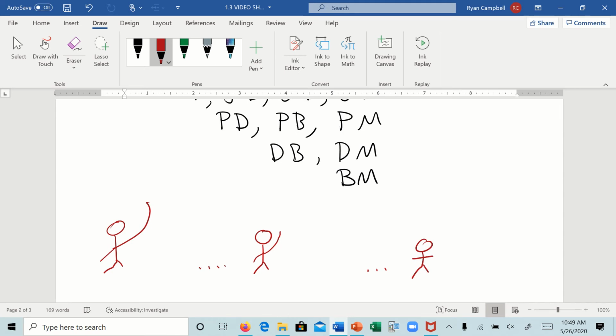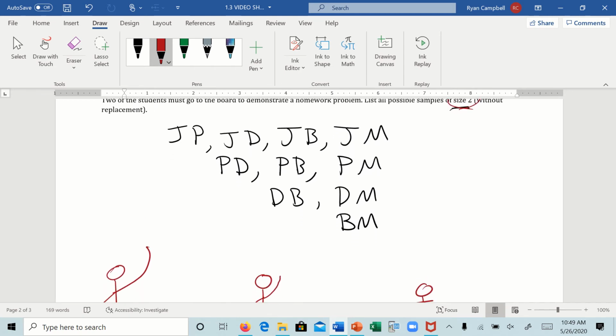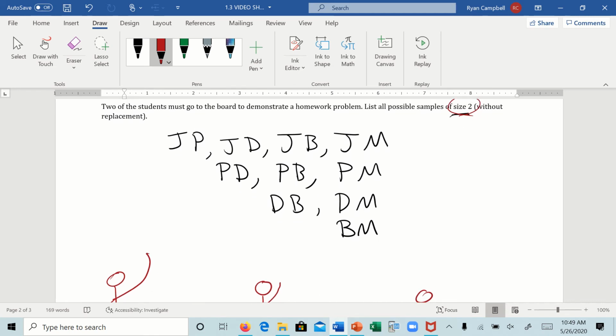Because they're all different types of people, does everybody have the same chance of getting chosen? Does every combination of people have the same chance of getting chosen? No, right? Because the people who would never go up to the board have a much less likely chance of getting chosen than the people who would more eagerly go, or at least hate the silence, right? They'd go up to the board.